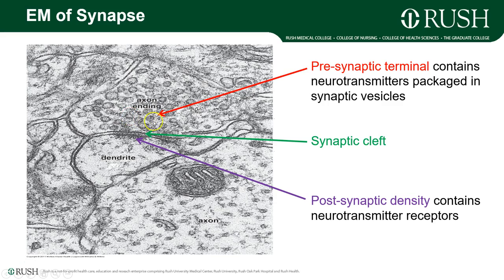So this is the presynaptic axon terminal. It is making a connection with a dendrite, and you can see the density in the area where there is receptor concentration, referred to as the postsynaptic density. And then there's a gap between the two, which is the synaptic cleft.